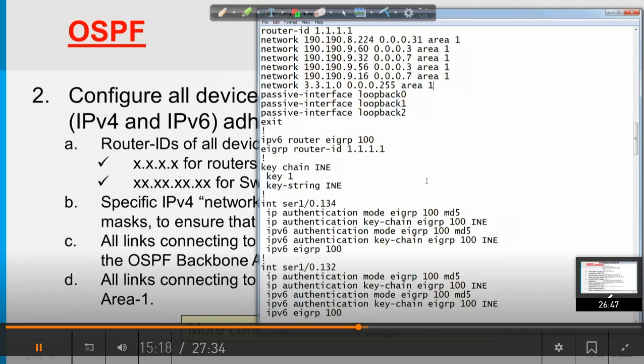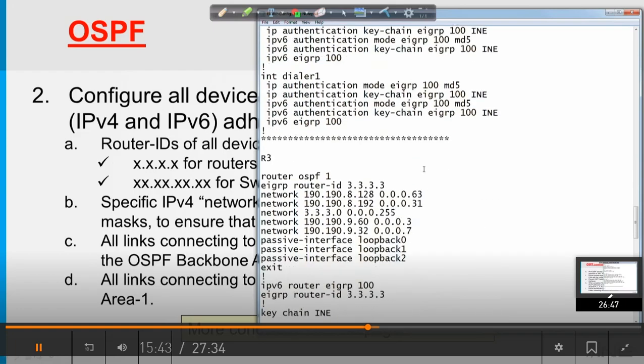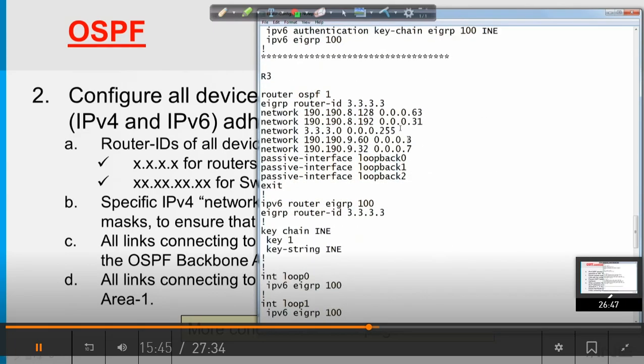And router 2, all of his interfaces are in area 0. Okay. And router 3, all of his interfaces are in area 1.